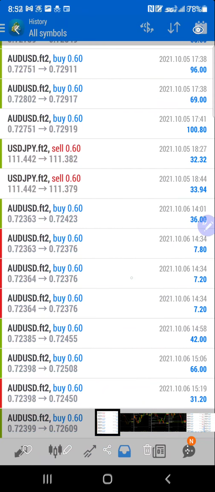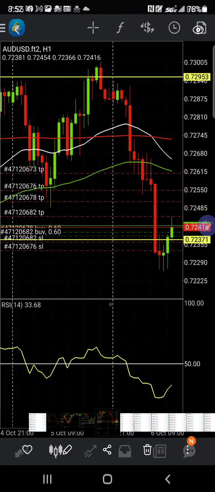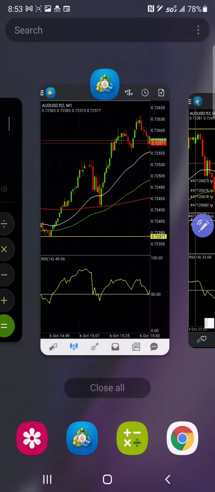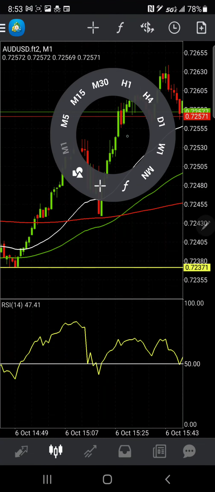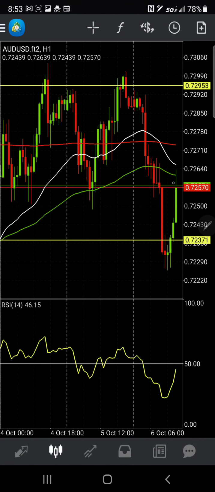All my take profits did get hit. And there's another picture on the hourly of what it looked like. As you can see now, on the hourly, the market is moving.